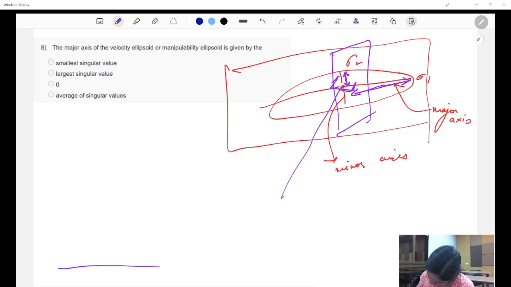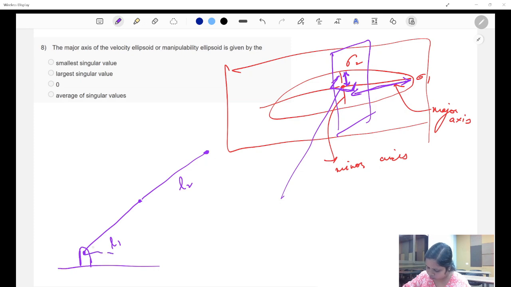Okay, I'll take an example. The 2R manipulator is the best example for anything, and it is really simple. Let's say this link is L1, this link is L2, this is your theta 1, and theta 2 is 0 here, because it is in line.